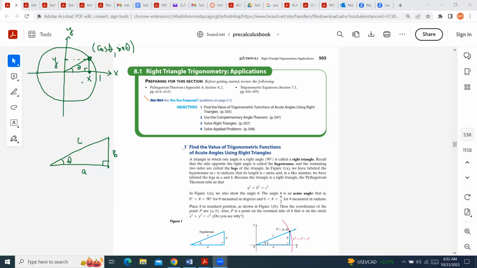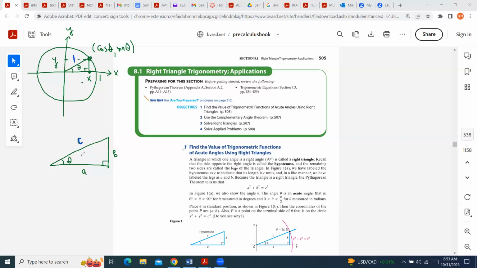So anyways, theta is the same angle in both triangles. And we have 1 for the hypotenuse, and C is going to be the corresponding value on that triangle that doesn't have to be equal to 1.